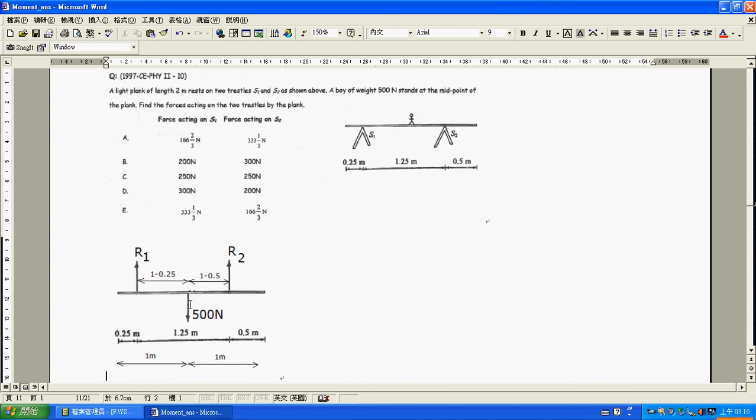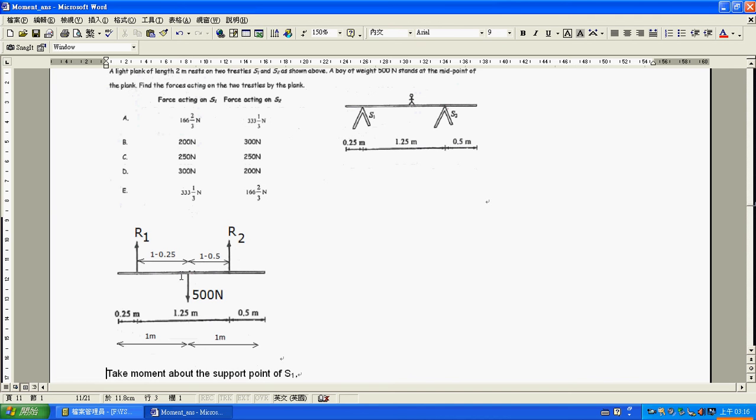So its distance from the reaction R1 is 1 meter minus 0.25, and similarly, its distance from R2 is equal to 1 meter minus 0.5 meter. Okay, with that, we can find the reaction forces one by one.